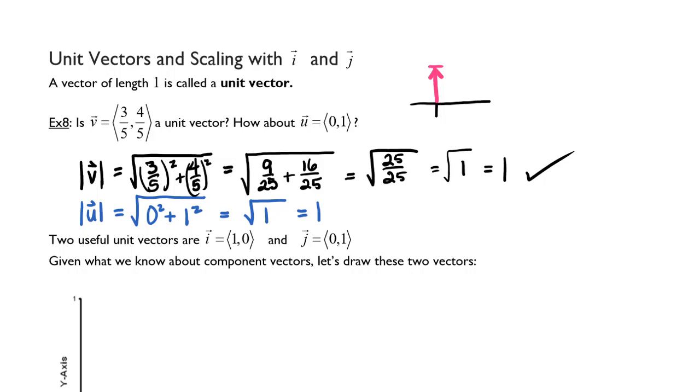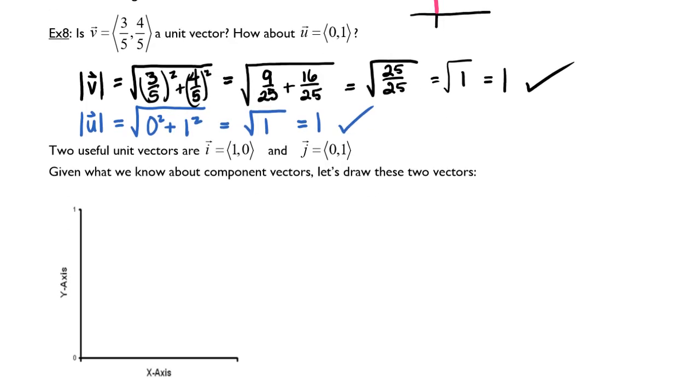But now let's use this information a little bit more carefully. This vector u is a unit vector, but there's a special name for these vectors when they're 0 in one direction and 1 unit in the other. We call these vectors the i vector and j vector, and they're used so much in physics.